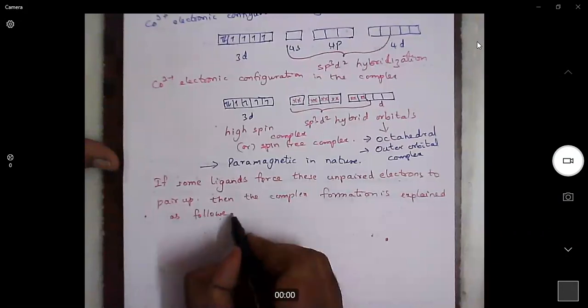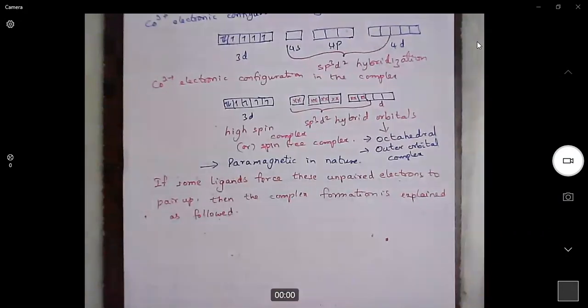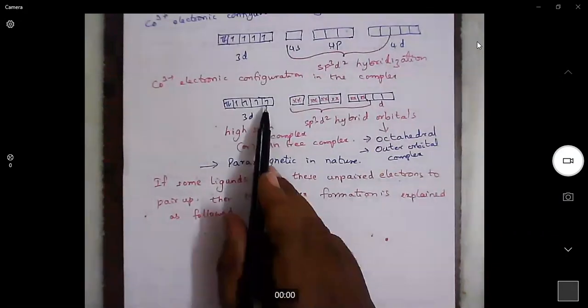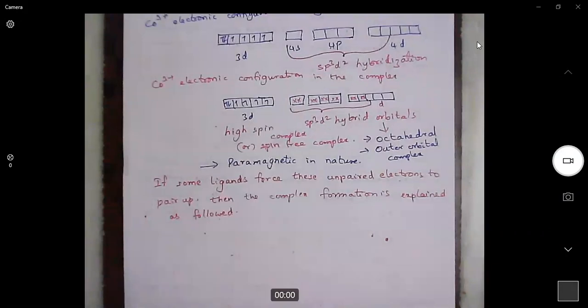The previous case is where ligands did not force these electrons to pair up. But in some cases, ligands will force unpaired electrons to pair up.